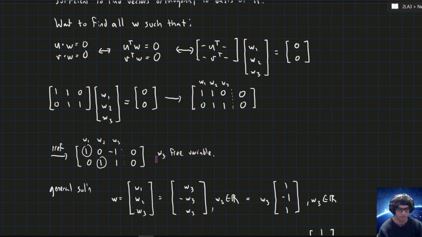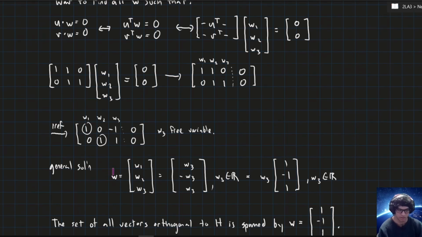Now, I want to write the general solution for w. I want to find all the vectors that are orthogonal to H. So I write w, and then I write what I know about w1, w2, and w3. From the first row, I know that w1 is equal to w3. From the second row, I know that w2 is the negative of w3, and w3 is just equal to itself. Since w3 is a free variable, I let it be any real number.